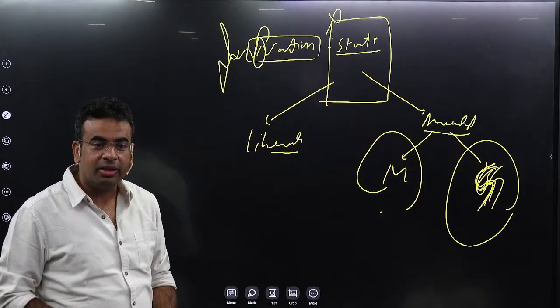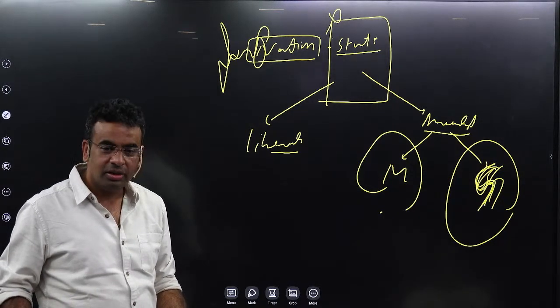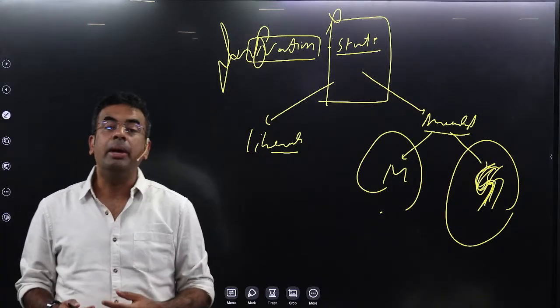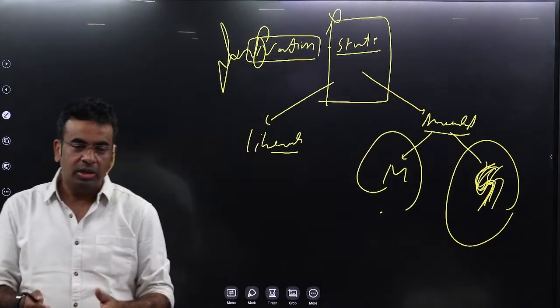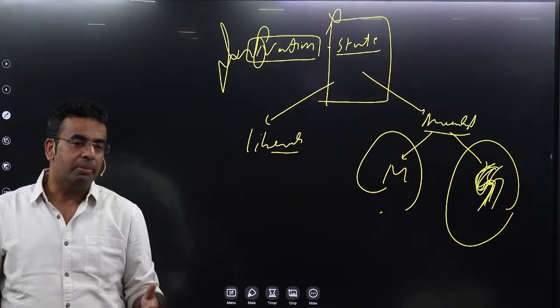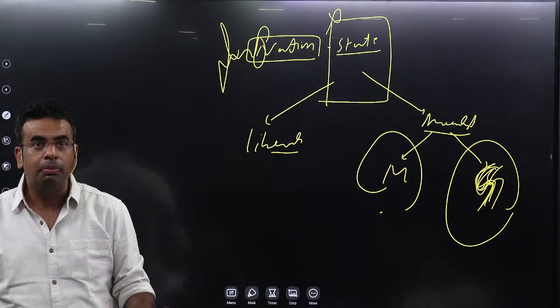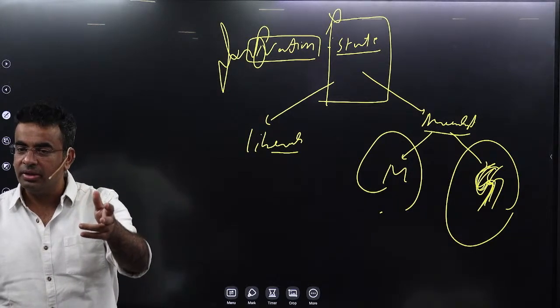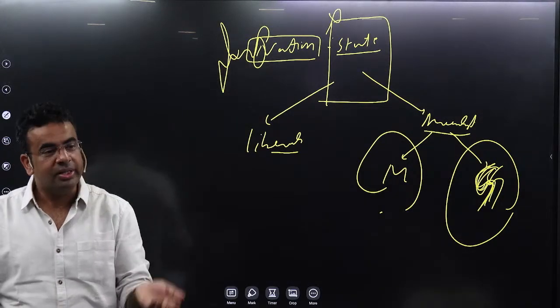Liberals believe in state, Marxists do not believe in state. Feminists believe in state, but have a very ambivalent attitude. Ambivalent means? What is the meaning of the word ambivalent? Both positive and negative. They think that state is masculinist, but they expect their emancipation from the state.